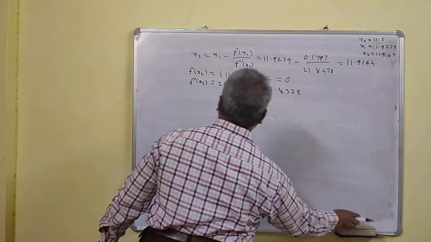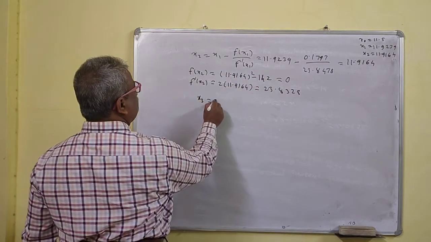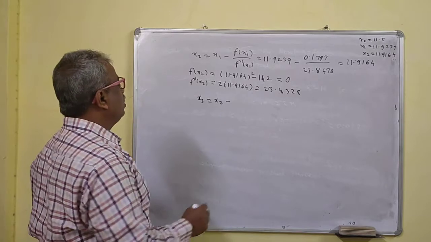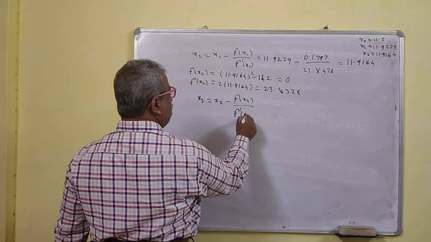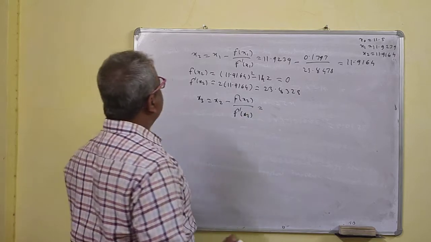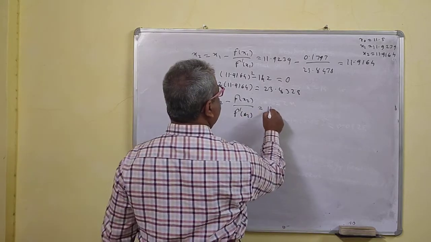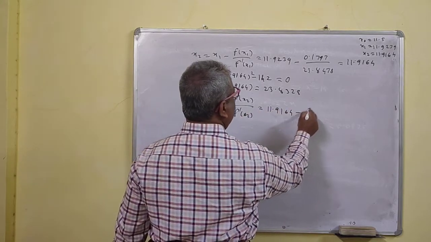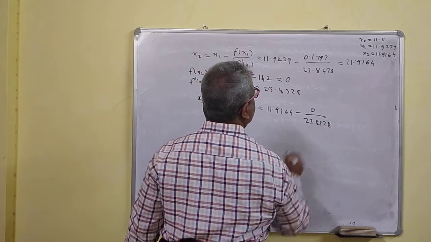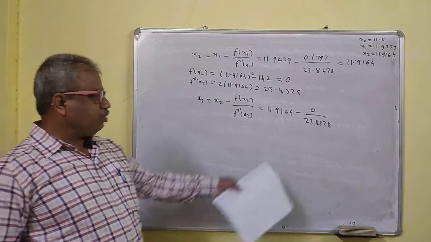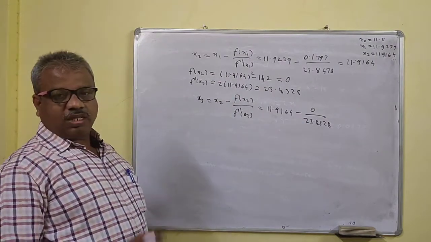So you got x2, now you get x3. x3 is equal to x2 minus f of x2 upon f prime x2. So your x2 is 11.9164 minus 0 upon 23.8328. No need to use the calculator now, because your numerator is 0, so that term is 0.